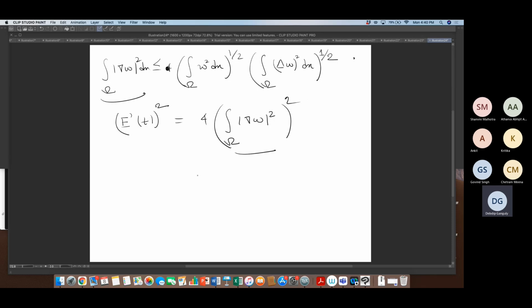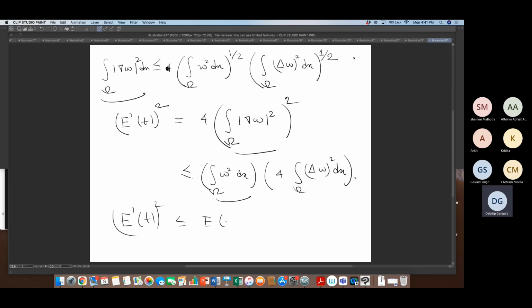This is less than, just use this property. So this is E prime t whole square. What is this? E t. And what is this?